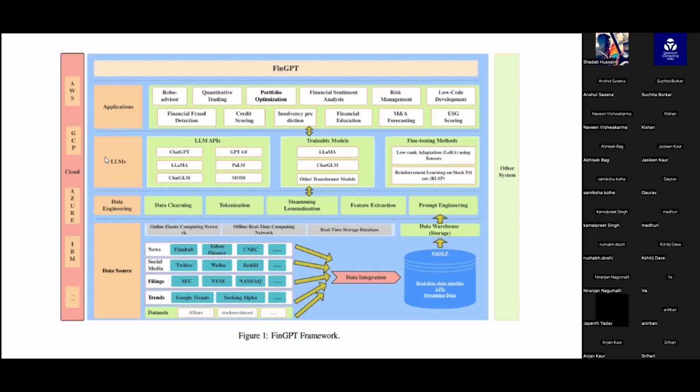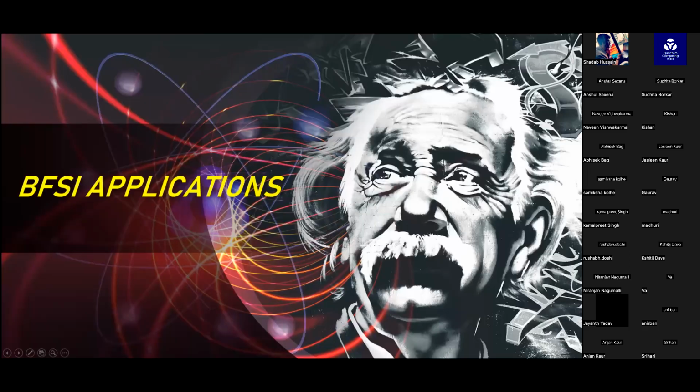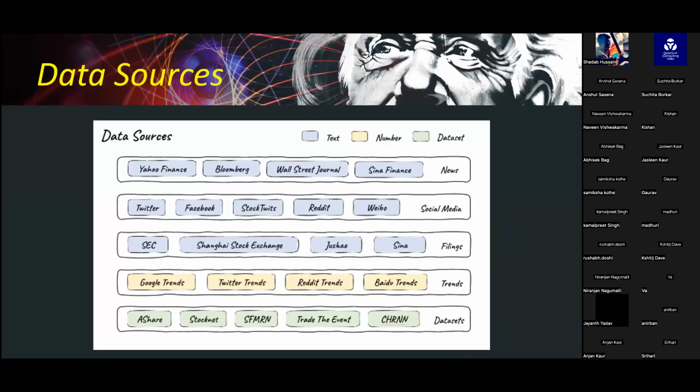So in the next few slides, we are going to have a look at it. When we look at the BFSI applications, these are the data sources, different data sources, of course, that I have talked about.